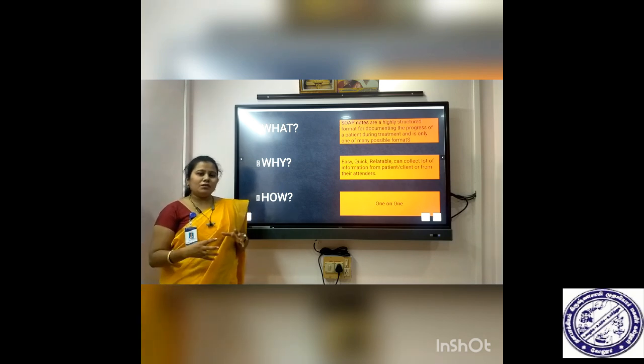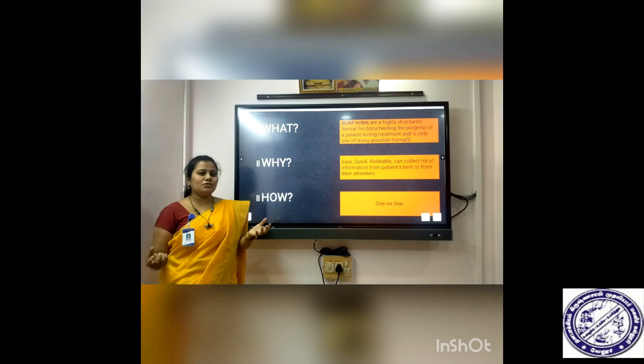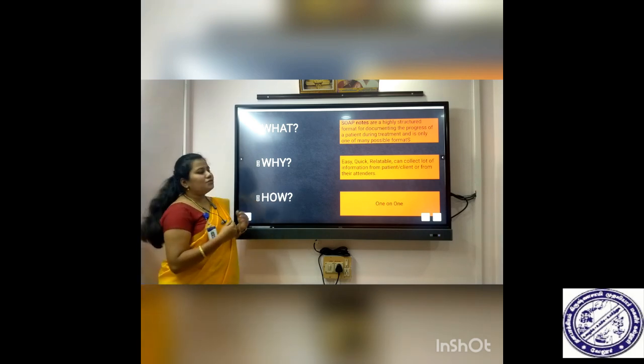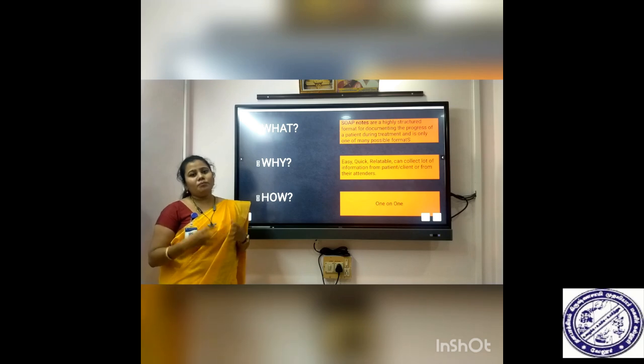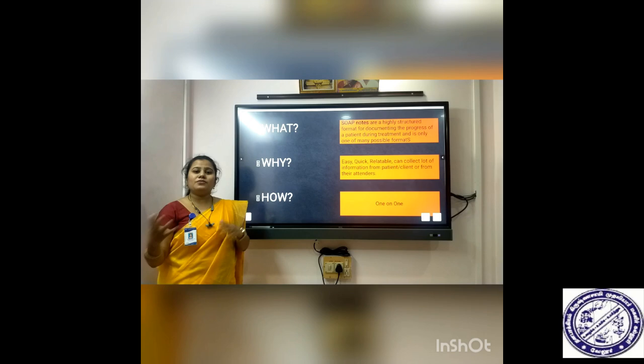Subjective is where we derive information from the patient about their medical histories, nutritional histories or any surgery history. The information which we derive directly from the patient is called subjective data. The next is objective data, which is regarding their anthropometric, biochemical, clinical and dietary recall data.